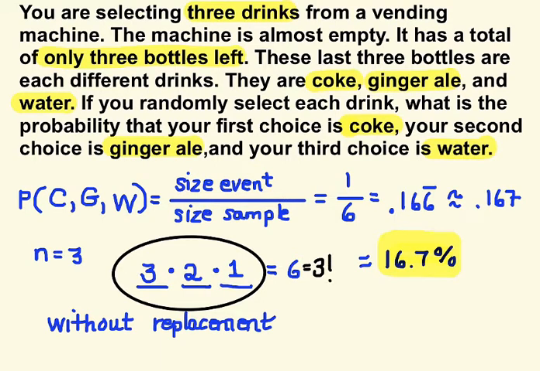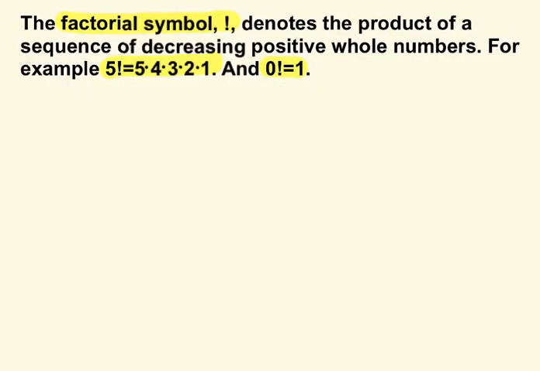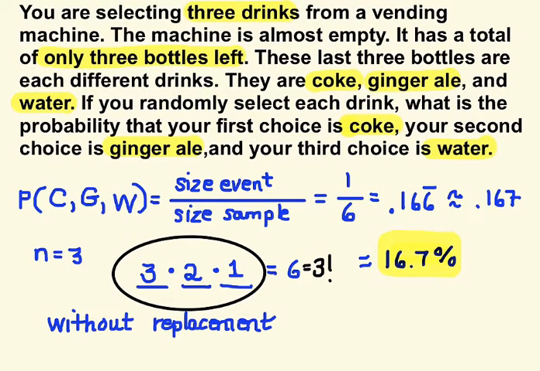And so we can do a few examples of that. If I wanted to determine what is 4 factorial, it's equal to 4 times 3 times 2 times 1. And of course, 4 times 3 is 12, times 2 is 24. So this is an example of factorial, which we will use in counting. And of course, we clearly used it here. 3 factorial is the number of possible combinations.